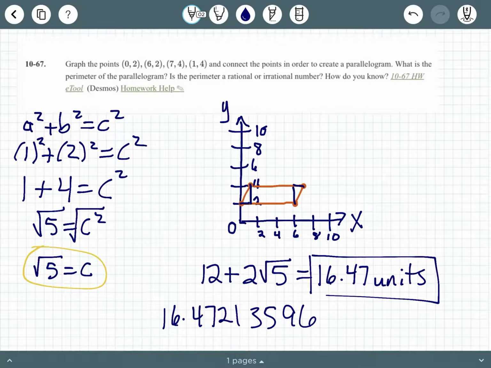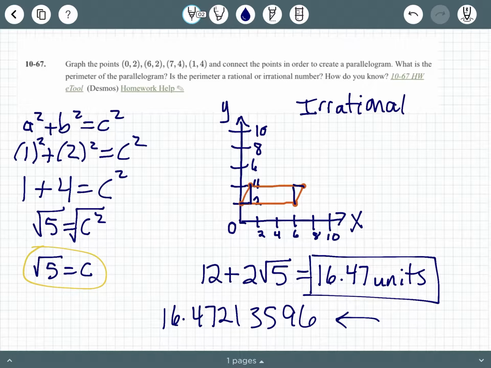This is our perimeter. But if we look at what we got in the calculator, is it rational or irrational, and how do we know? This example of the number that we got, without rounding, that is irrational. So it is irrational.